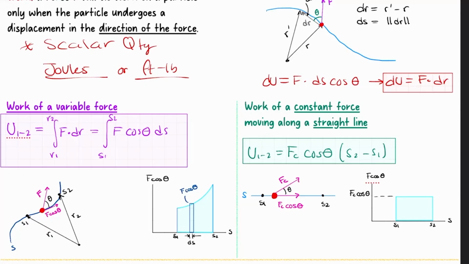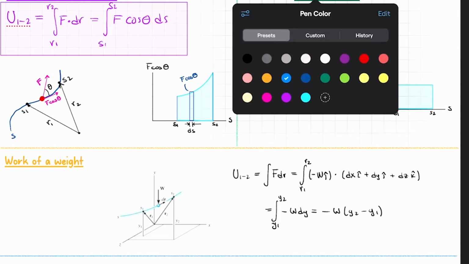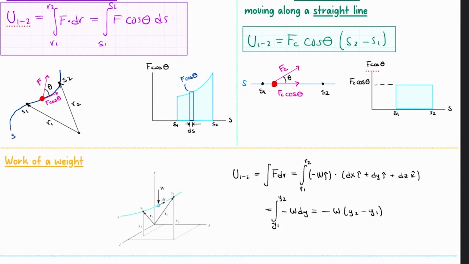Now, different forces that we have already seen do cause some work. For example, the work done by the weight, right? We know the weight always acts downwards, so we can already have an equation that gives us that result. So the work done by weight from state 1 to state 2 equals negative W, the weight, times the change in height, change in y, which is once again the same formula: force times change in position, in this case vertical position.